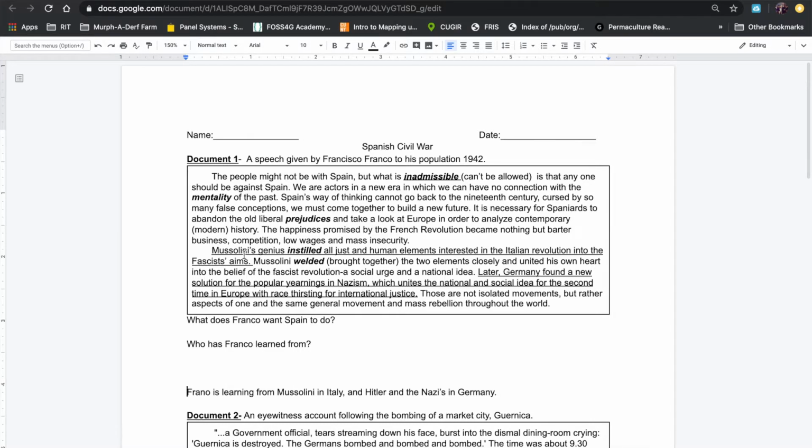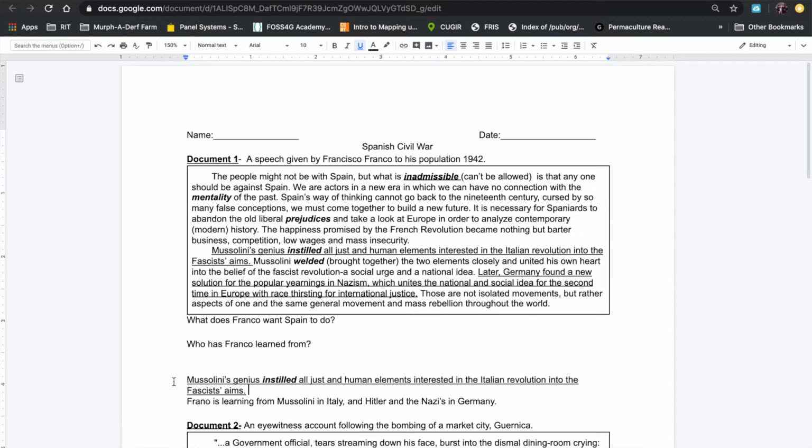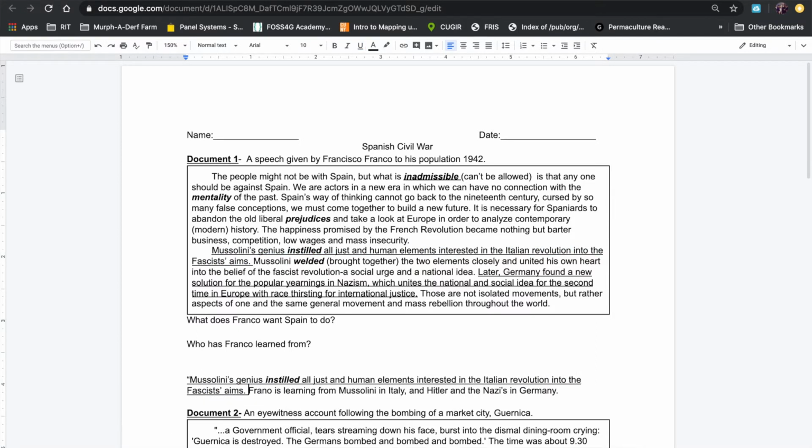But that's the thing. With these answers, you are framing how you think about these documents. Now, just as a sidetrack, if you think about our perfect paragraph, all that's doing is really taking a piece of evidence and then breaking it down in your own words and then adding a little bit. So even with this answer right here, if I just copy and pasted this quote right there, I'm going to put it in quotes. This would be a really solid body component, a really solid core to my perfect paragraph, because now I have evidence.